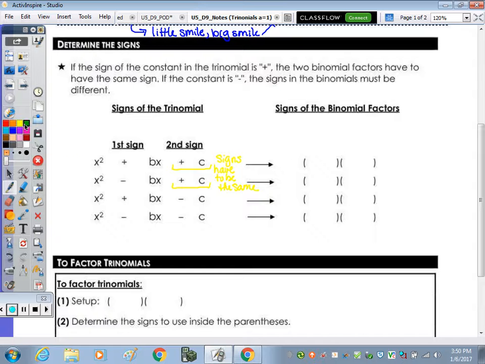If they're the same sign and they combine to a positive, it must be two positives, because a positive times a positive is positive, and they add to a positive number. If they multiply to a positive, but they add to a negative, it must be negative times negative. And then if your constant here is negative, that's going to tell you the signs are different.